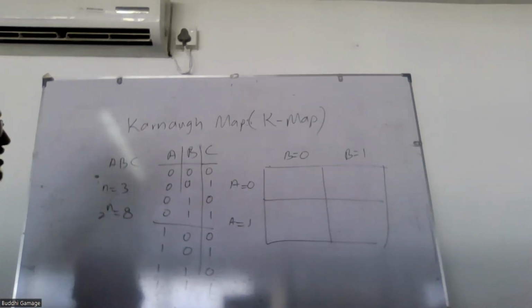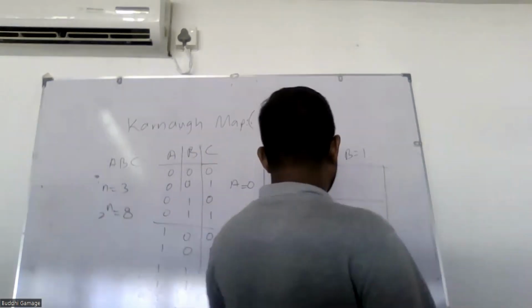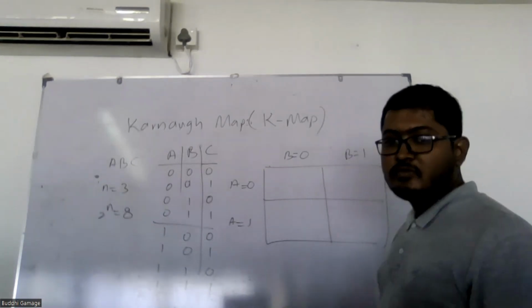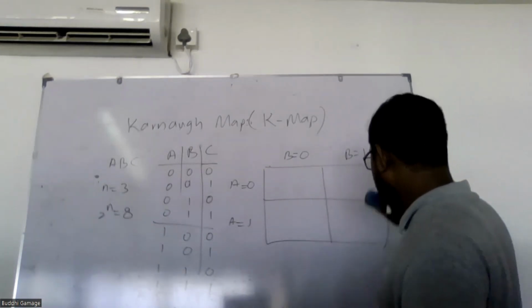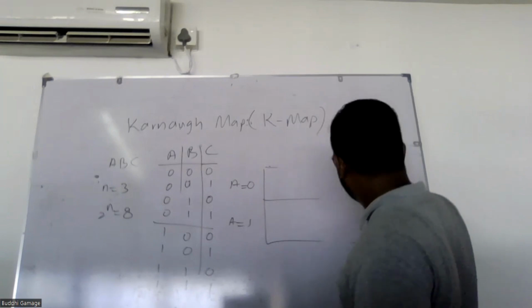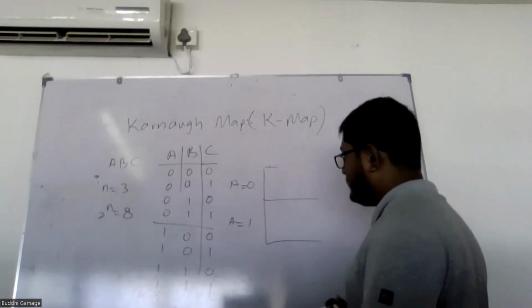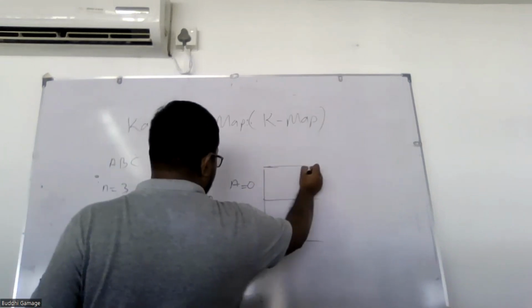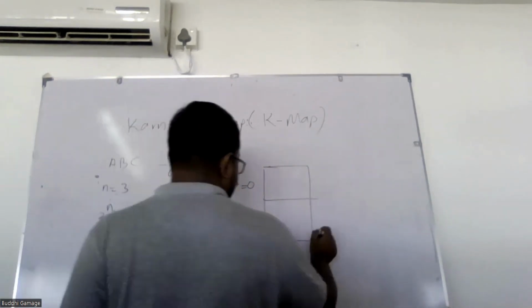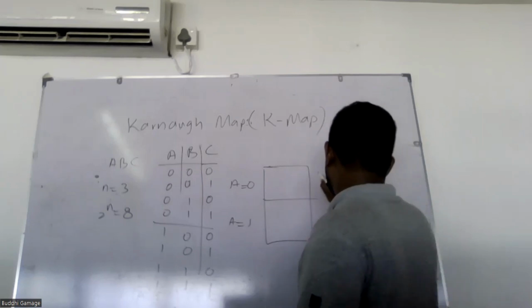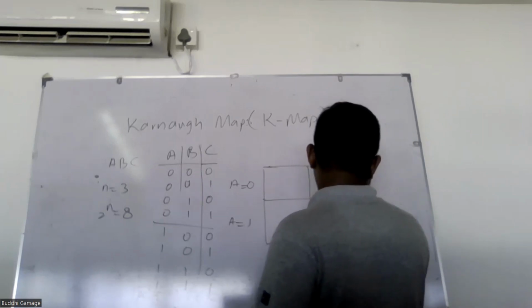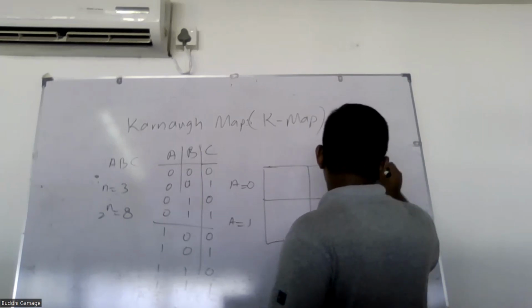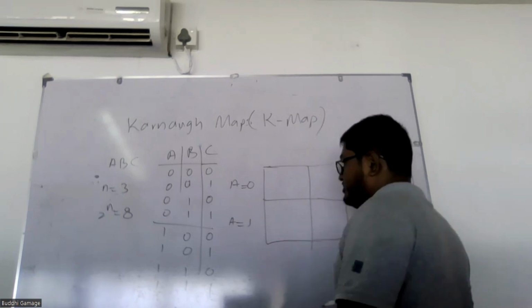So how can we draw 8 cells here? Simple, right? What you need to do is aggregate two variables. So these are the 8 cells.